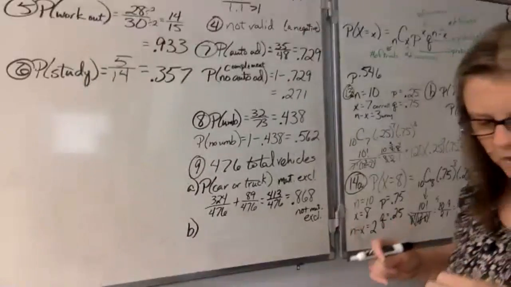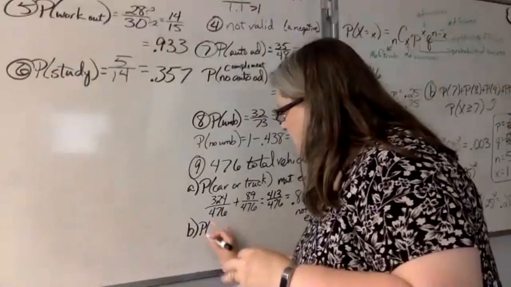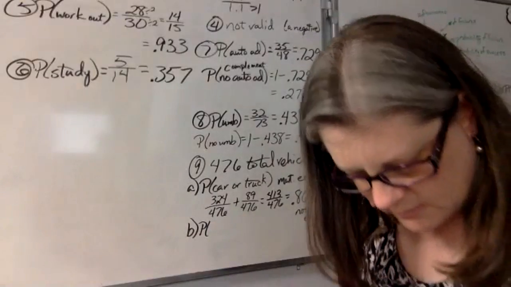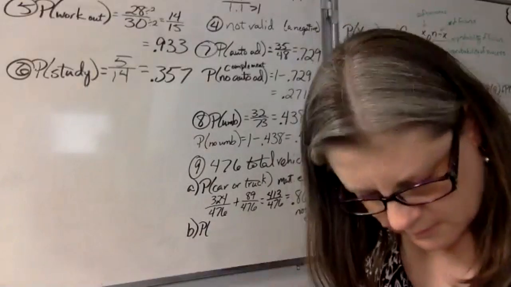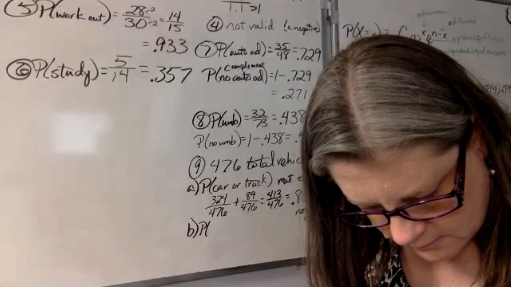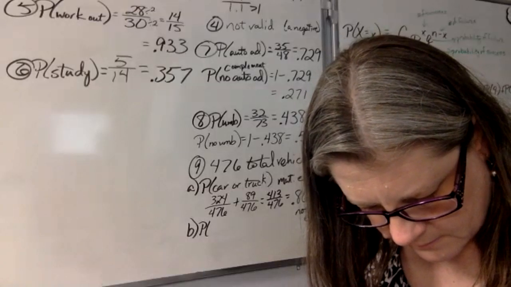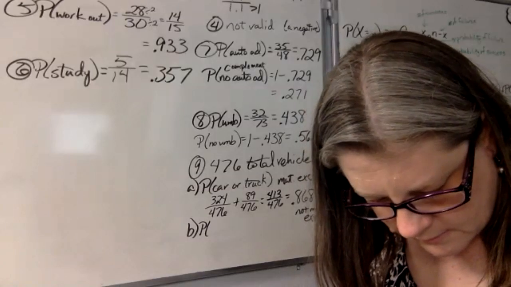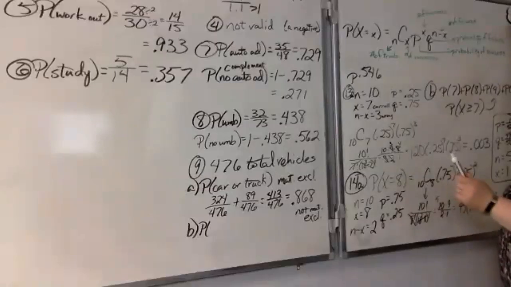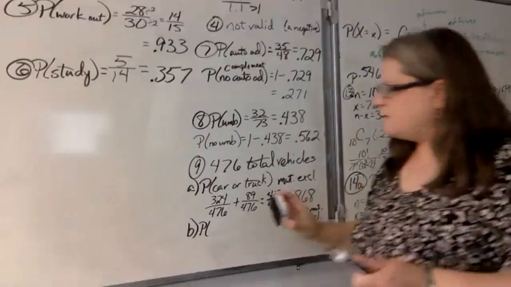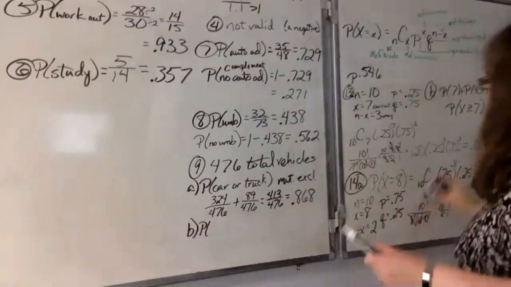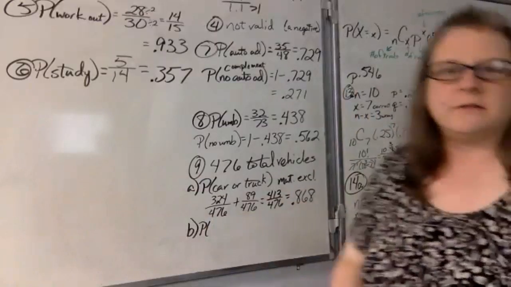So what we do first is we're going to have probability of, what was it, not a truck? Wait a minute, a truck or SUV? Wait a minute. Wouldn't you just add all the other ones that are not a truck and SUV? Yeah, I was looking at the wrong one, sorry. I was trying to mix part of this down with problem number 2. We're not even doing number 10, so.